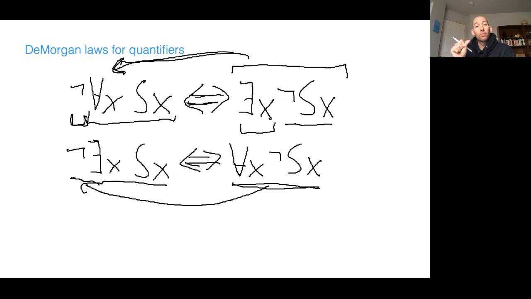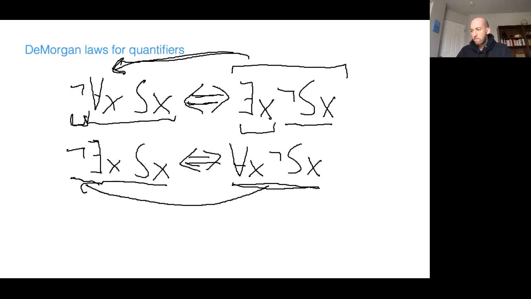One neat thing we can do is recognize these equivalences: the negation in front of a quantified sentence is equivalent to pushing the negation in, as we've done here from left to right, and then swapping the quantifiers. You replace the existential with the universal, or the universal with the existential, in a really similar way to the DeMorgan laws for the connectives, conjunction and disjunction.